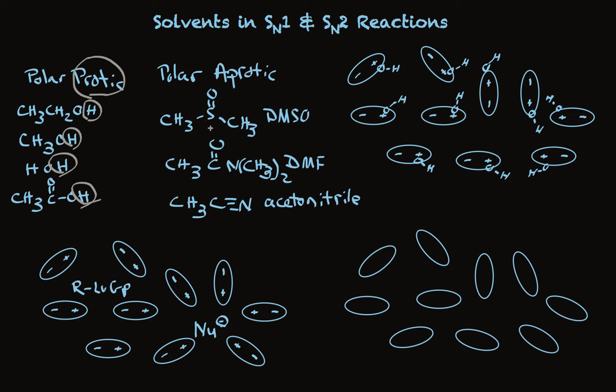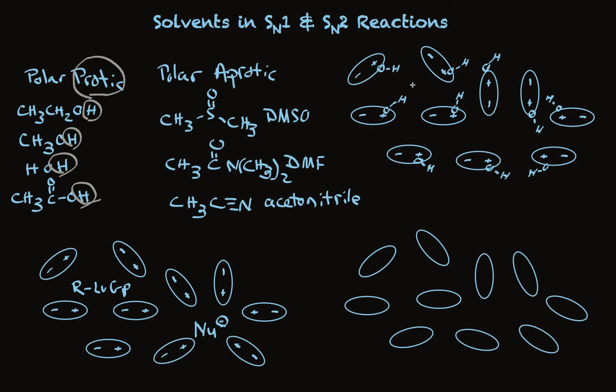There'll be a negative N and a positive N, negative N and a positive N. So they qualify for this kind of interaction with a nucleophile. But they don't have the proton attached to oxygen, so their interaction is far less strong than the hydrogen bonding interaction that nucleophiles have with protic solvents.